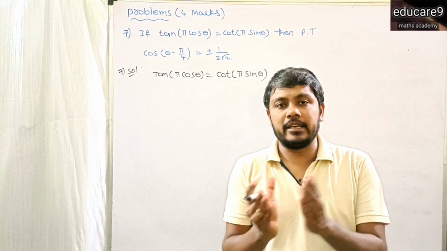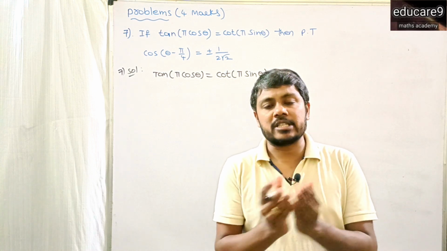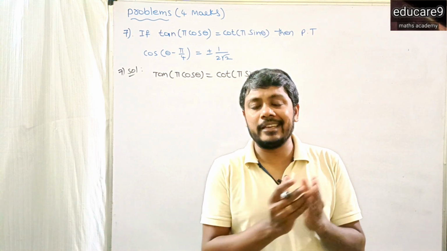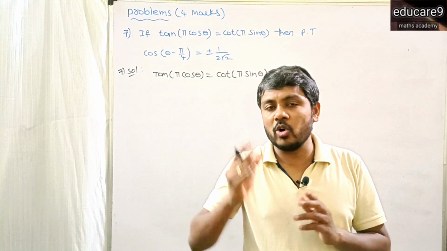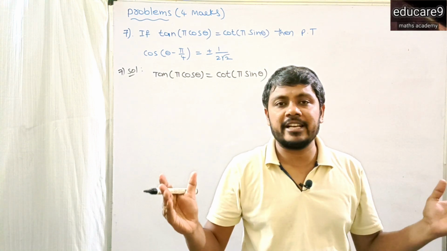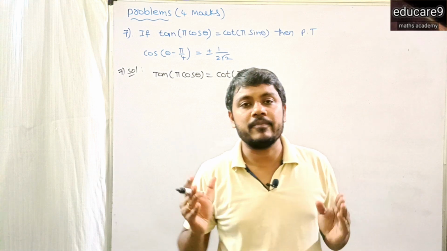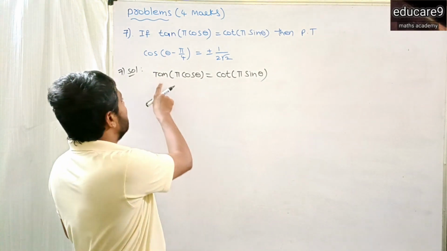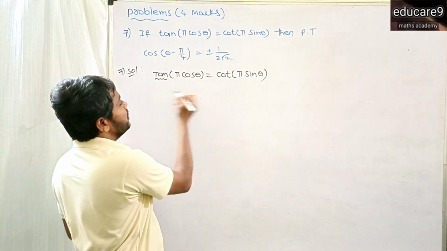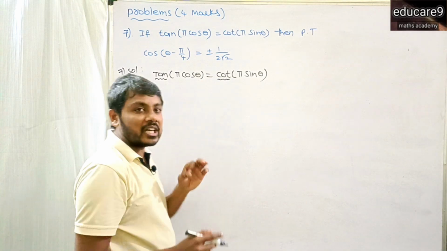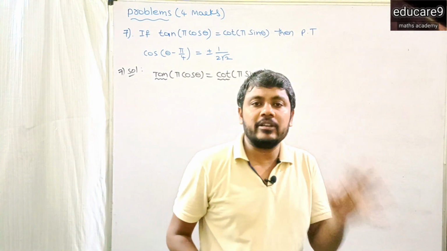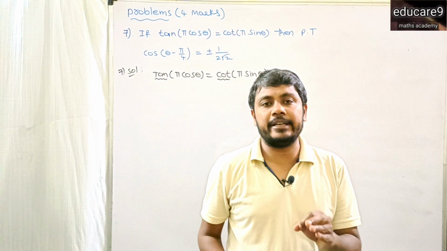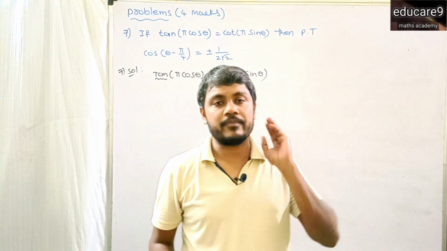Sin theta equal to sin alpha, cos theta equal to cos alpha, tan theta equal to tan alpha. Clearly from this we can observe that both left hand side and right hand side ratios should be the same. But here left hand side is a tan ratio and right hand side is a cot ratio. So you can convert both sides to the same trigonometric ratio.